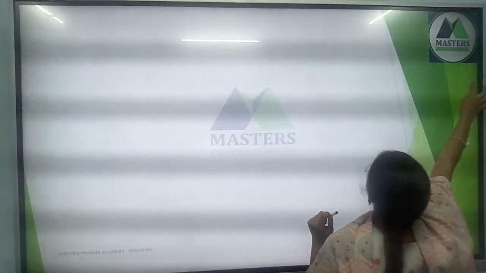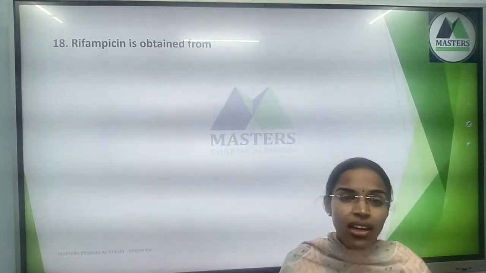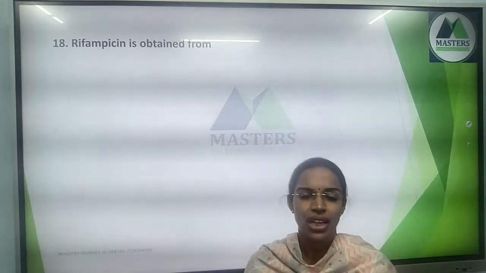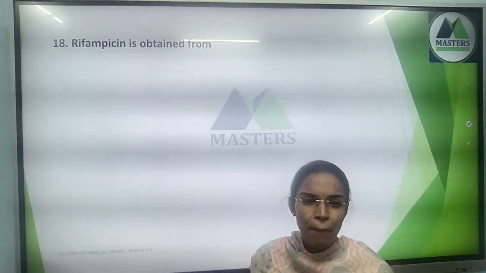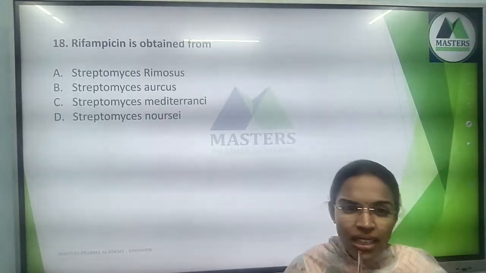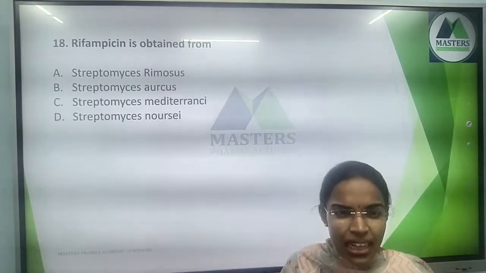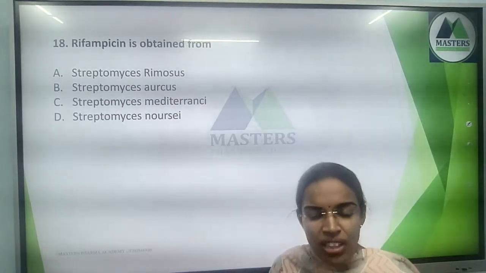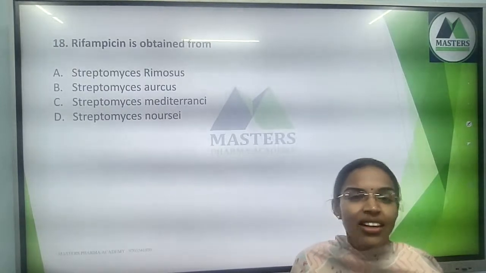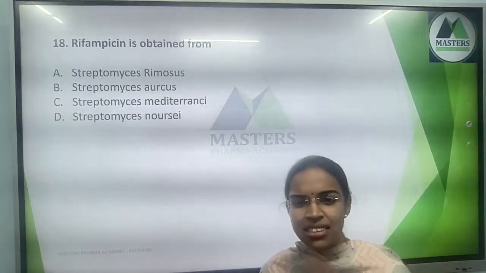And the next question is a very, very important question. Question number 18. Rifampicin is obtained from. The options are Streptomyces rhinosus, Streptomyces aureus, Streptomyces mediterraneae, and Streptomyces norsci. What's the right answer?